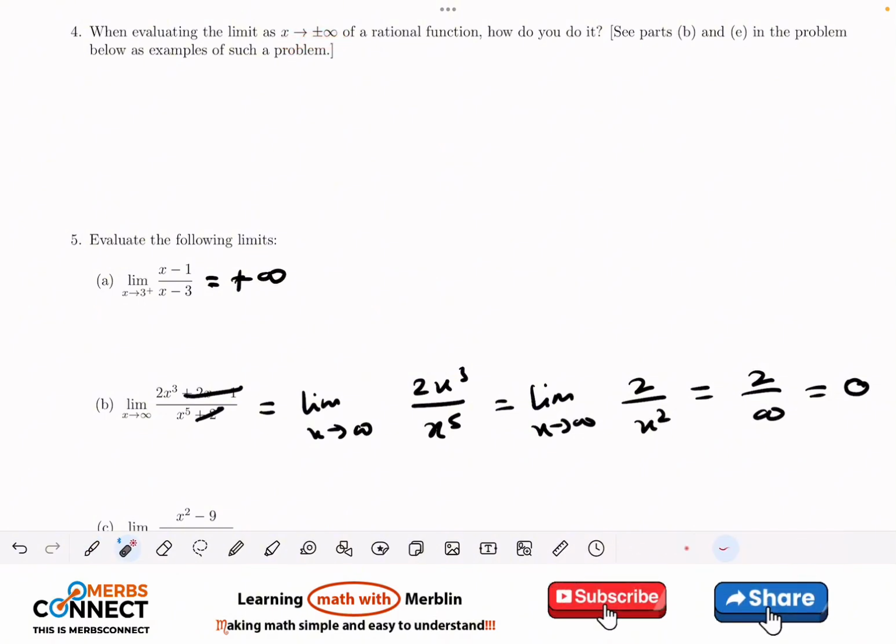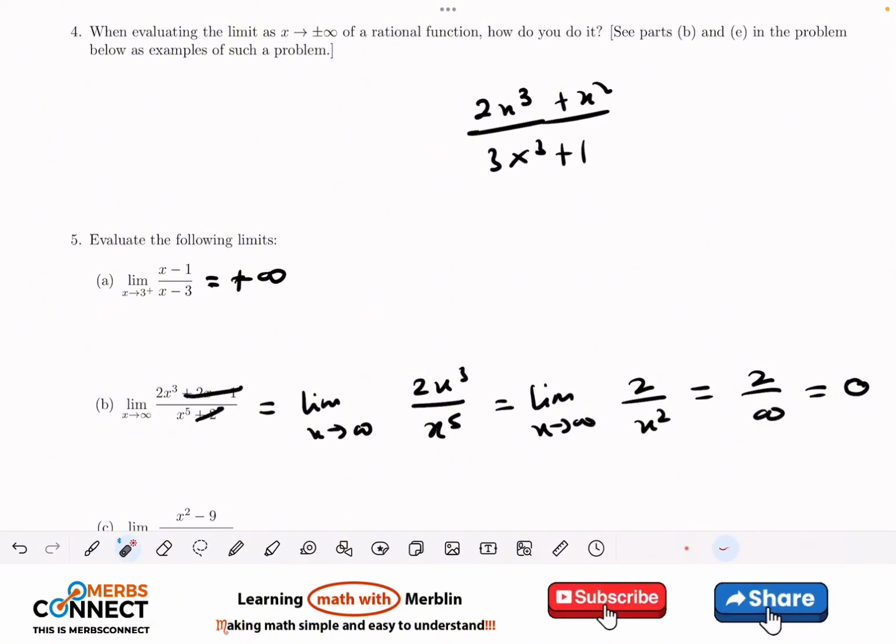So with the rational function, what we are doing here is, one, if the degree of the top is less than the degree of the down, then the horizontal asymptote is 0. Another thing that you need to know is, when the degree of the top is the same as the degree of the down, let me write an example, let's say plus x squared.